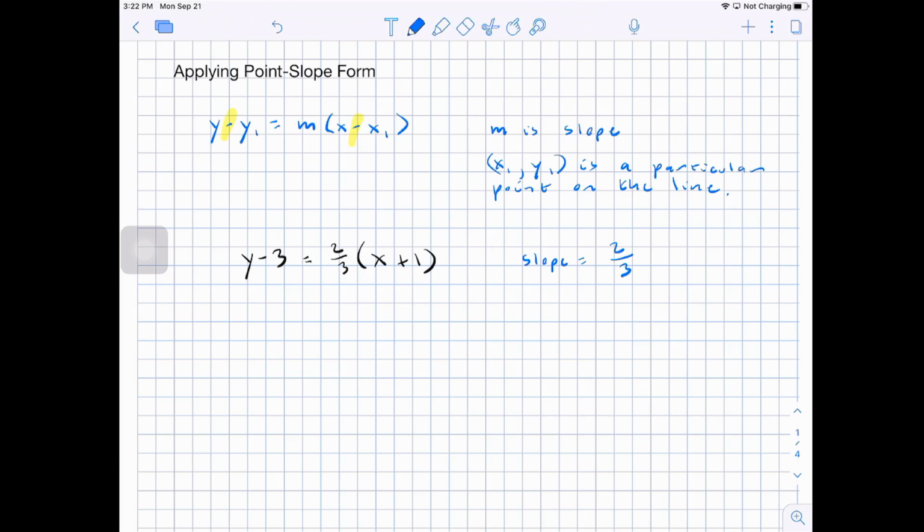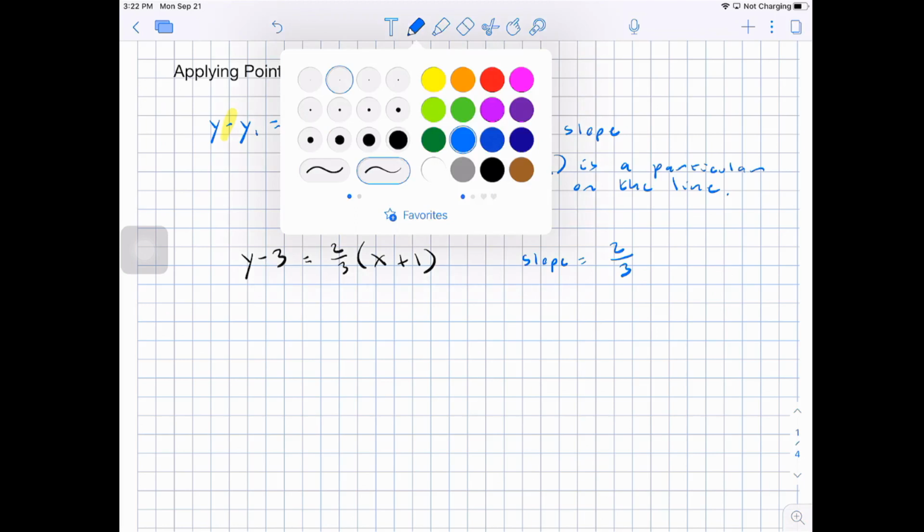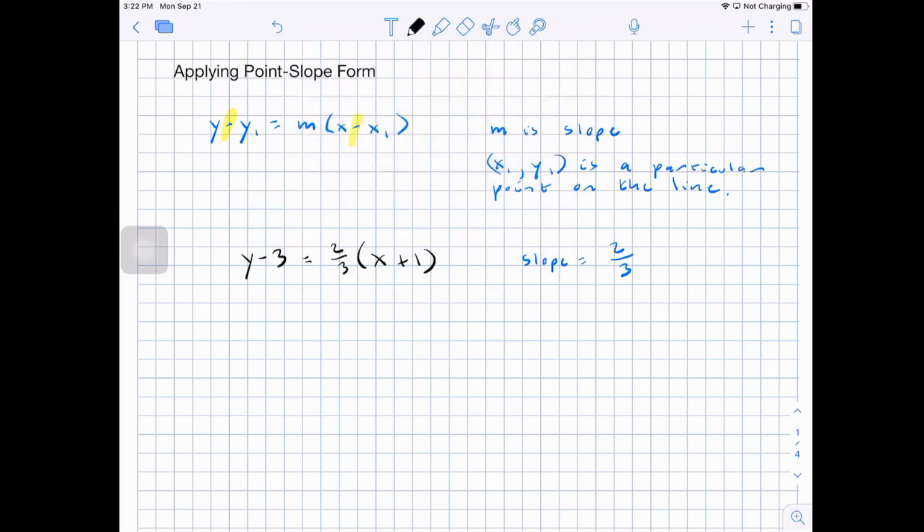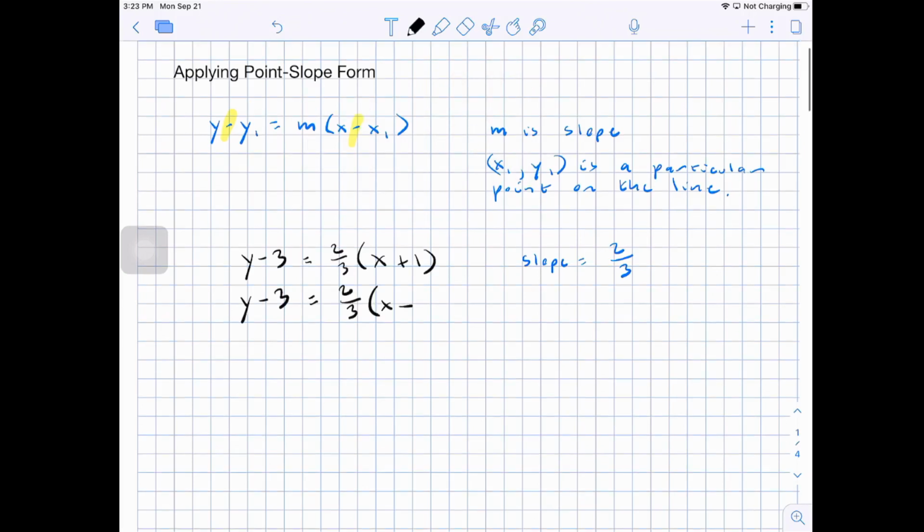So what we really technically would want to do is get it totally into the proper form. So let's rewrite this as y minus 3 equals 2/3 times x minus a minus 1, which is an equivalent statement. And now we are exactly in point slope form, and we can read out the coordinates of the particular point.